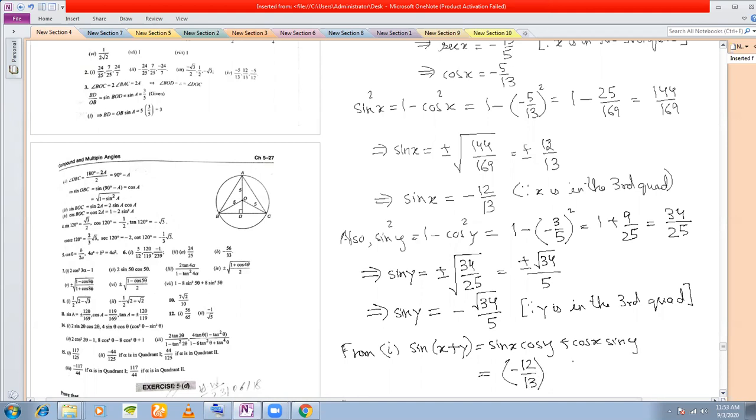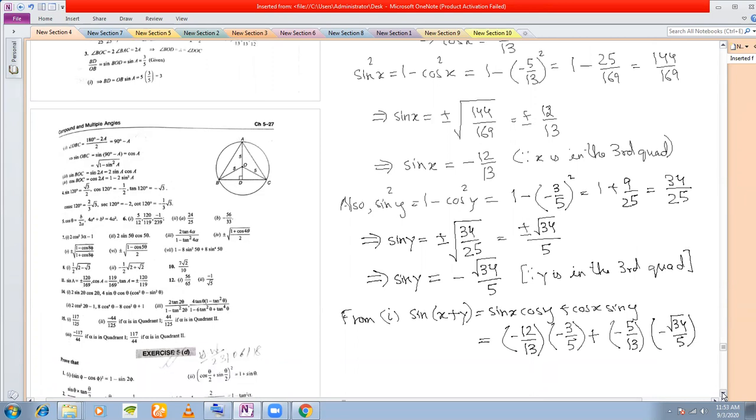Cos y here is minus 3 by 5. Plus cos x, where x is in the third quadrant so it is negative, minus 5 by 13, and sin y here is minus 4 by 5.